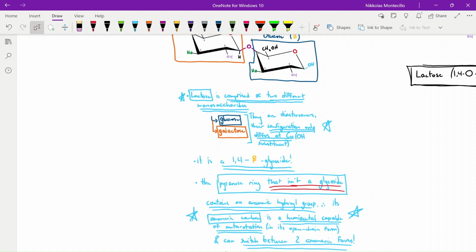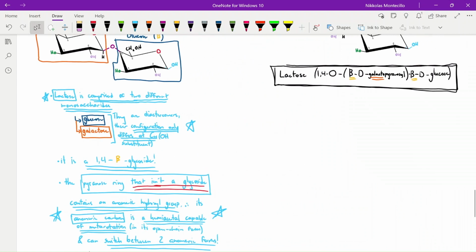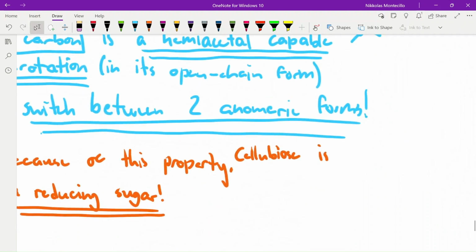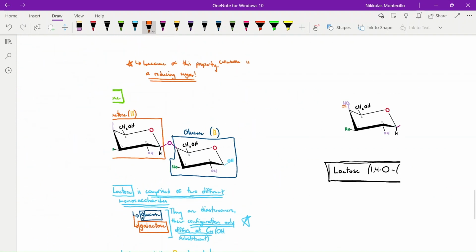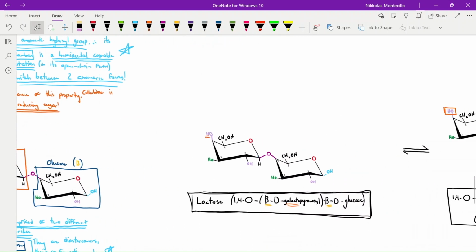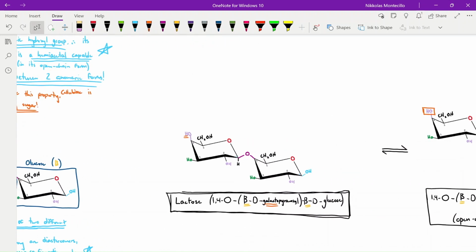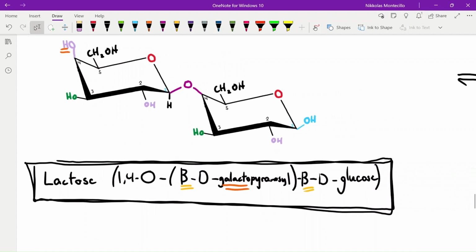So because of this property, lactose is a reducing sugar. So lactose, or 1,4-oxygen beta-D-galactopyranosyl beta-D-glucose.